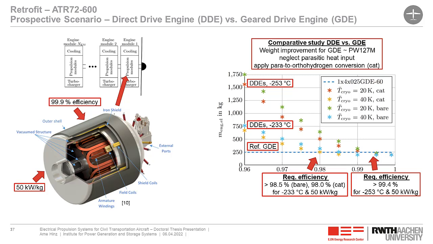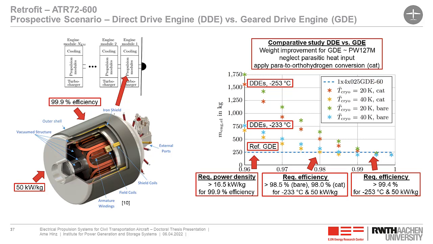So to get a direct drive engine lighter than a gear drive engine, we will require a superconductive machine operating on minus 233 degrees C and a power density of 50 kilowatt per kilogram with at least 98% efficiency. Regarding the power density, we will require at least 16.5 kilowatt per kilogram at a superconductive machine efficiency of 99.9%.